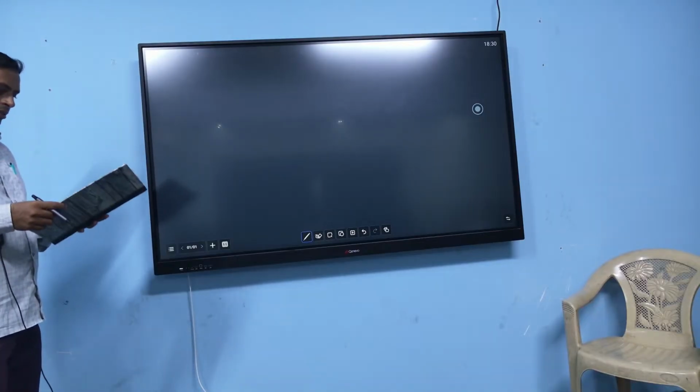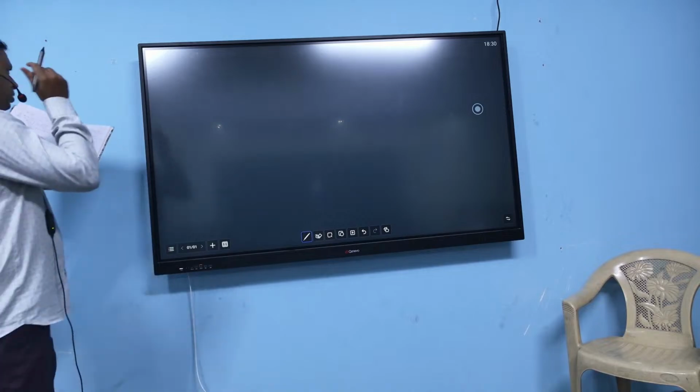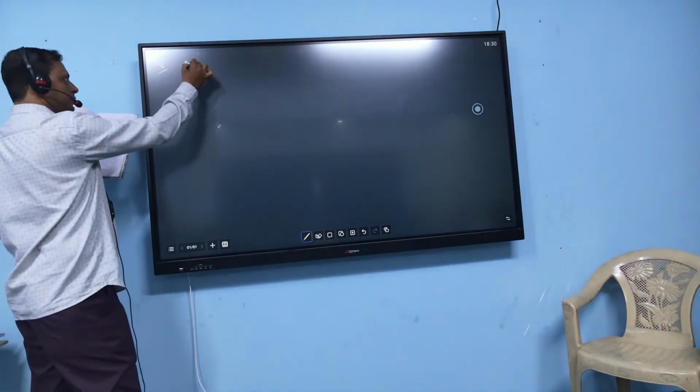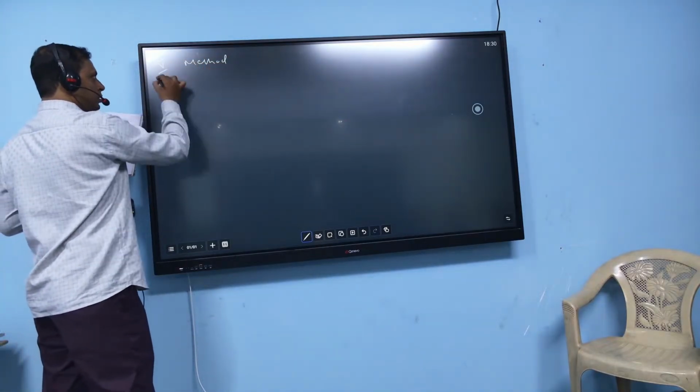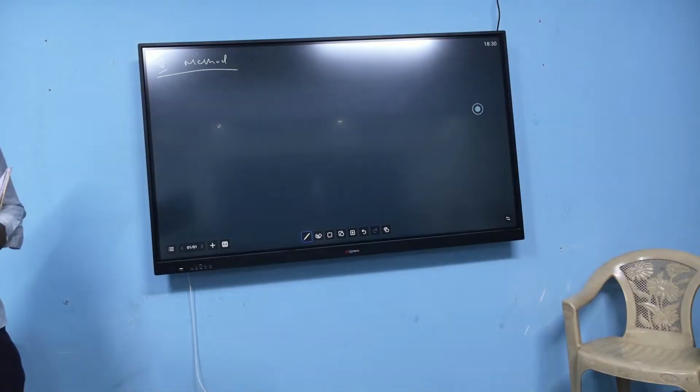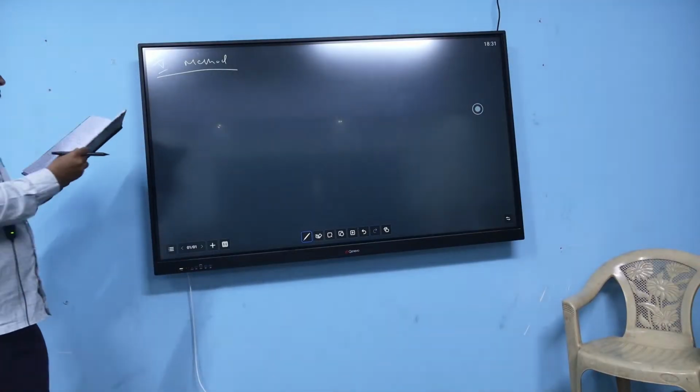Okay, take down next: quadratic upon fifth type, fifth method. You have any doubt? ज़्यादा डाउट है? ओके, क्वाड्रेटिक अपॉन क्वाड्रेटिक.